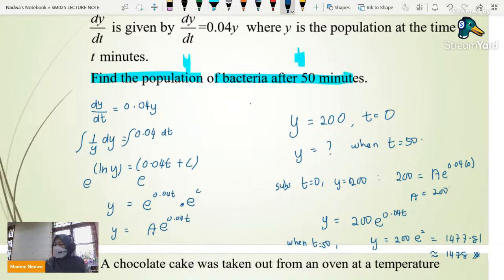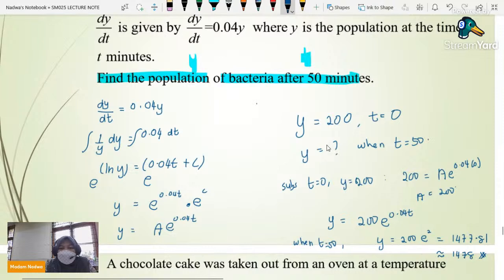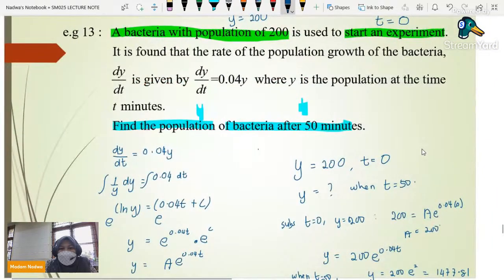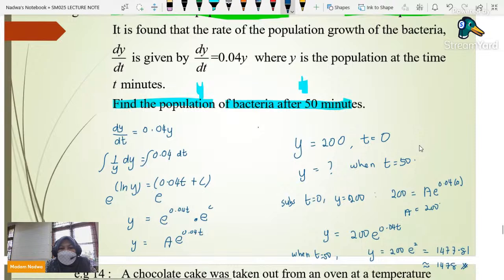Okay, 1477.81. So we approximate it to 1478 because we are talking about the population of bacteria. So this is actually how we do it, and this is how we find the information given to us from the problem. Okay, so this is example 13.